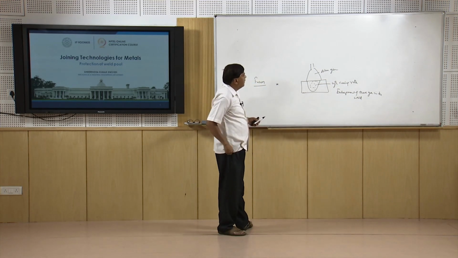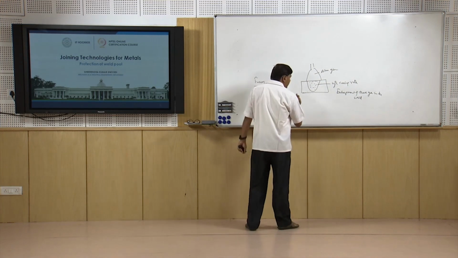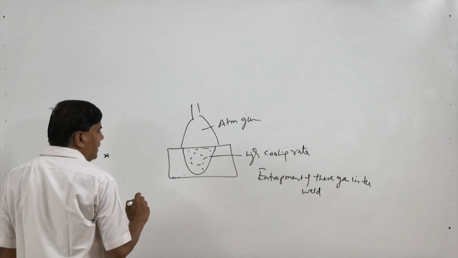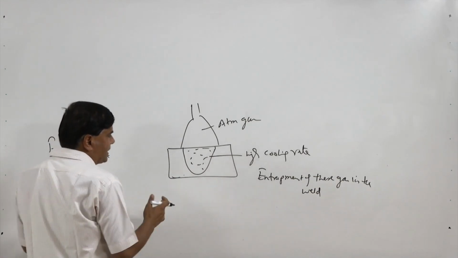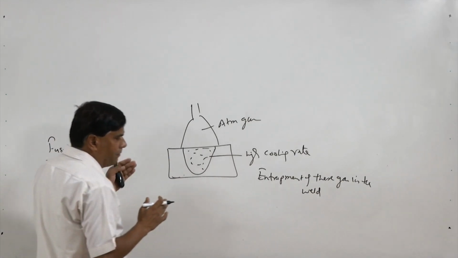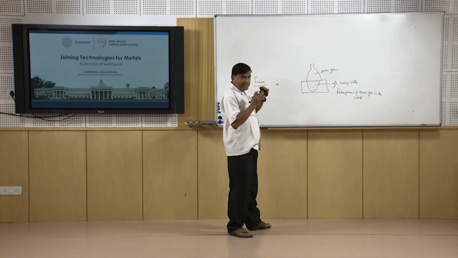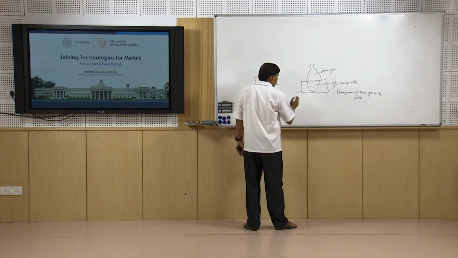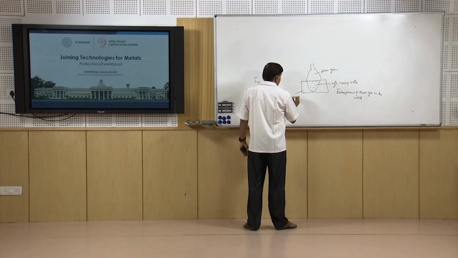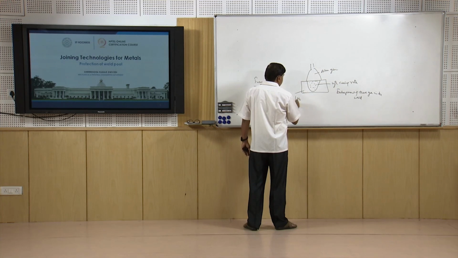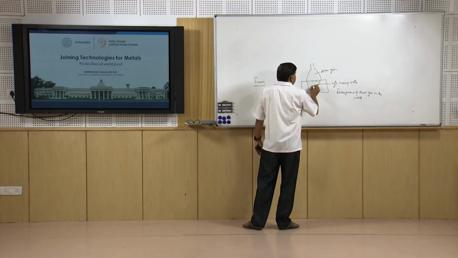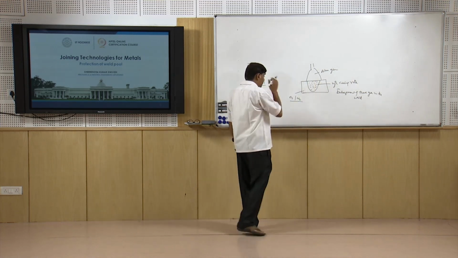The porosity is due to the difference in the solubility of the gases in the liquid and solid state, when the gas is dissolved in the molten metal, or the gas is coming from the fusion of the metal in solid state, the gases which were already dissolved in the base metal, like say the base metal is already having a lot of oxygen and nitrogen content. So, after fusion these gases will automatically be present in the weld metal also.